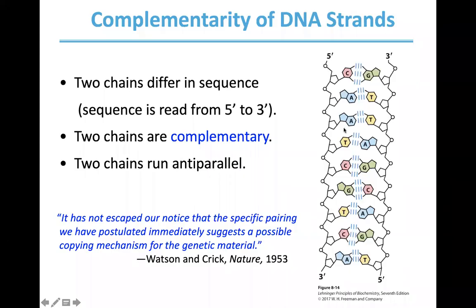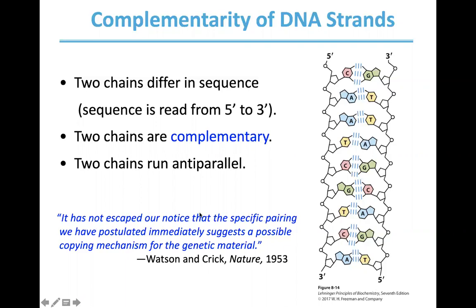And specifically, how do they differ in sequence? They are complementary, right? Whatever you see C on one side, you'll see G. And the second important observation is the two chains run anti-parallel, right? So if this one runs 5 prime to 3 prime in this way, this will be running 5 prime to 3 prime in this way.